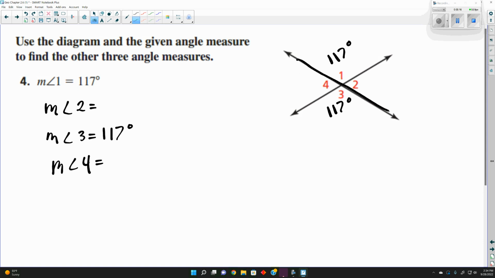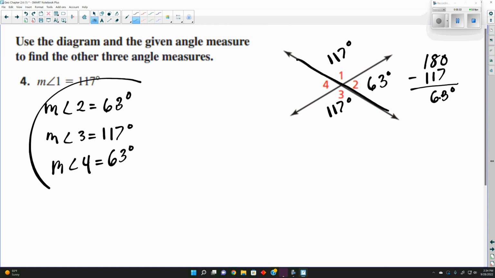Now 1 and 2 are a linear pair, so they should add together to be what? So to find angle 2, we could do what? 180 minus 117, which is 63, which means angles 2 and 4 are 63 degrees. That's it.